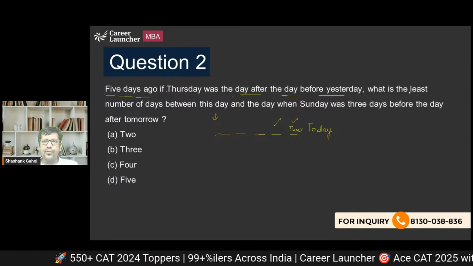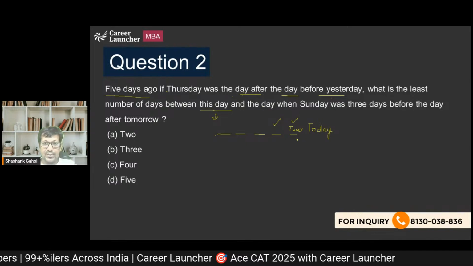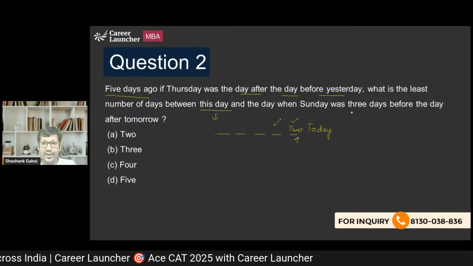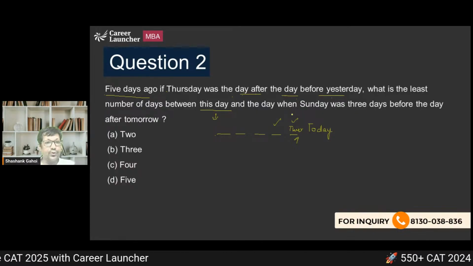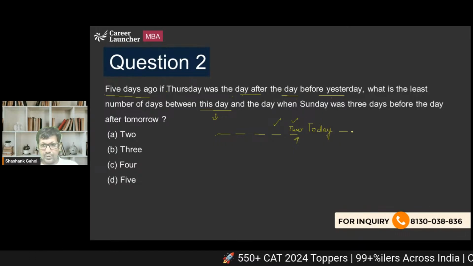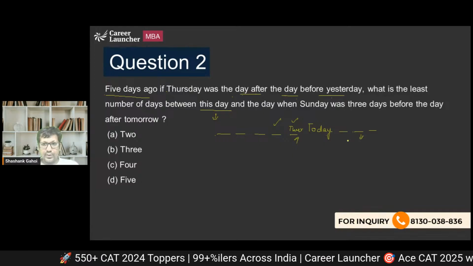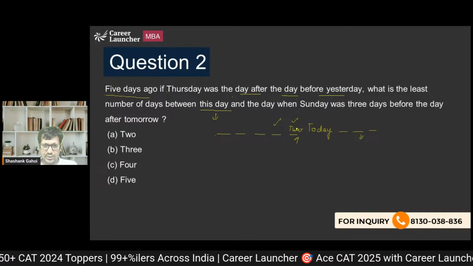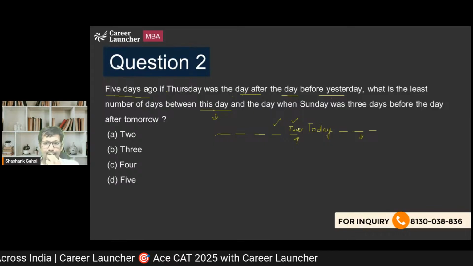Now it says, what is the least number of days between this day and when Sunday was 3 days before the day after tomorrow? The day after tomorrow is this, and 3 days before is this.